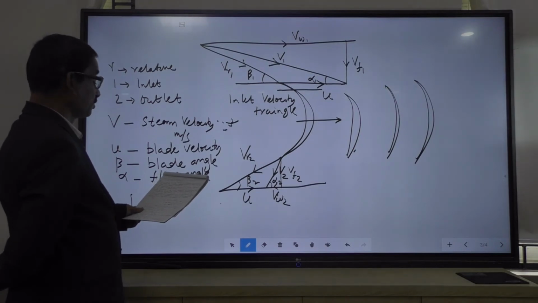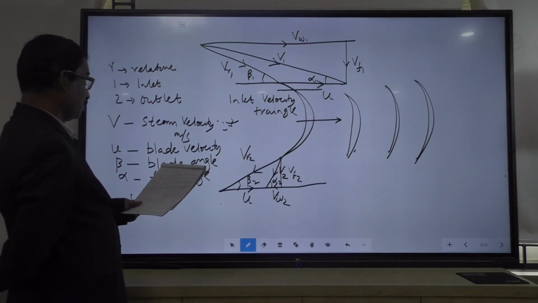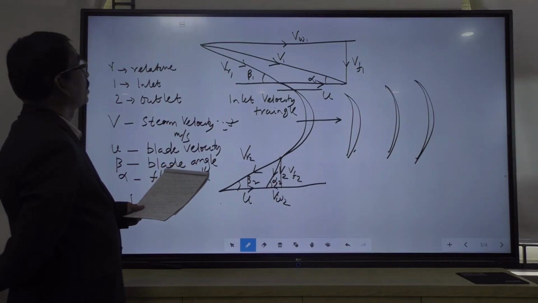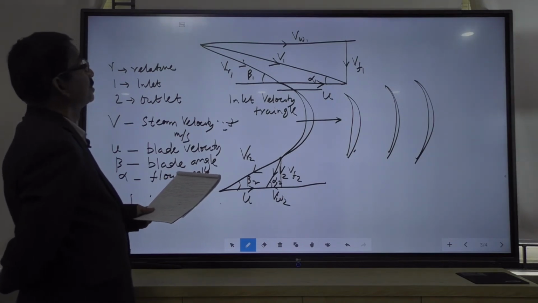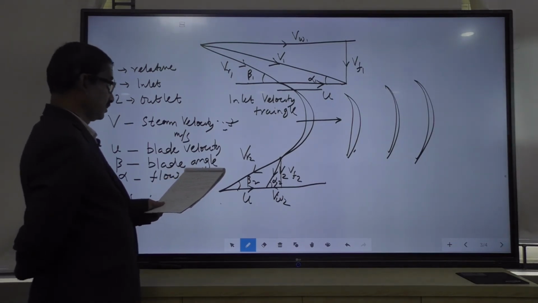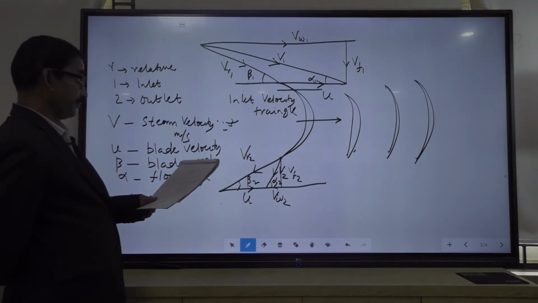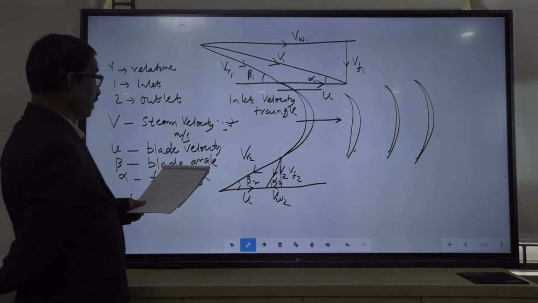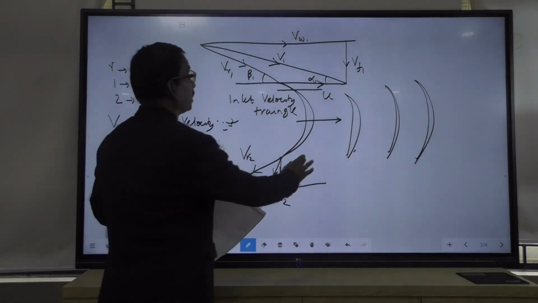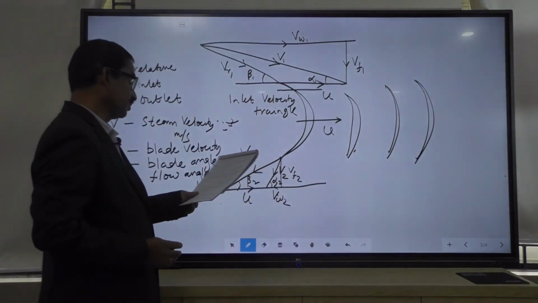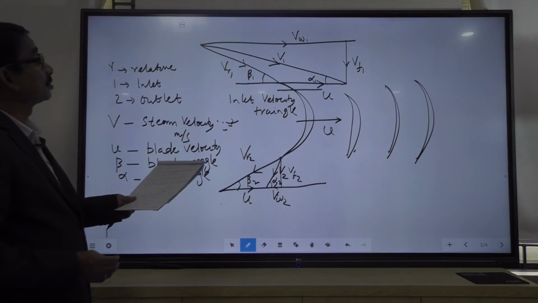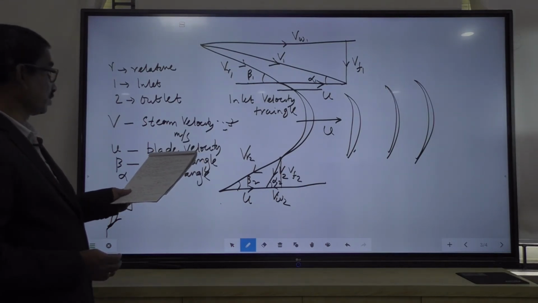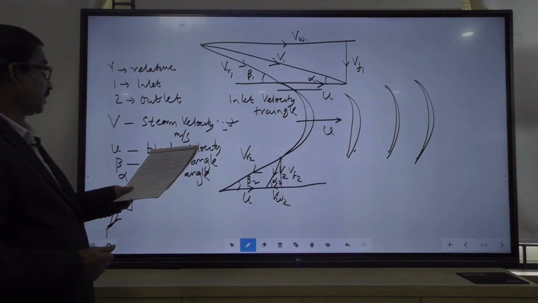Because the blade is also moving simultaneously, the relative velocity only touches the tip of the blade, and the blade is moving with velocity u, blade velocity, this is the u. The direction of Vr1 must match with the blade surface to allow shockless entry.